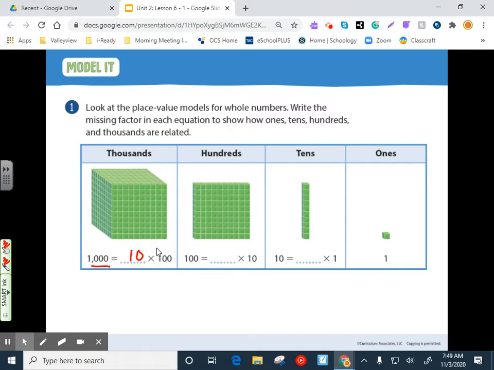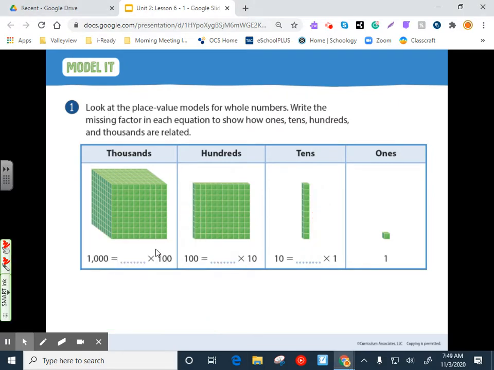For each of these, 10 times 10 will give us those 100. And over here, of course, we've got the 10 layers, just like we did with the warm up. And for this, each cube, 10 times 1 gives us 10. This is a total of 10. And we've got just our 1 cube. So again, seeing the relation of 10 for each of these and moving our place value.